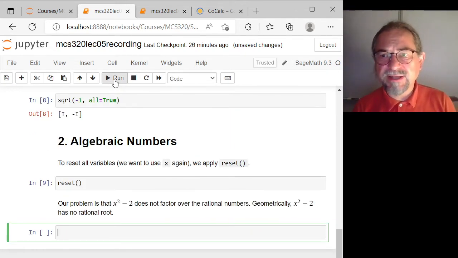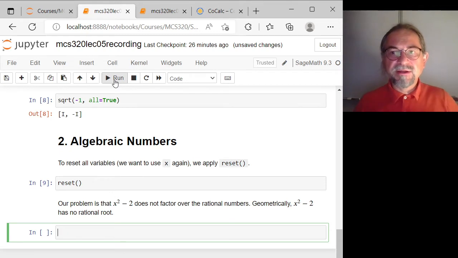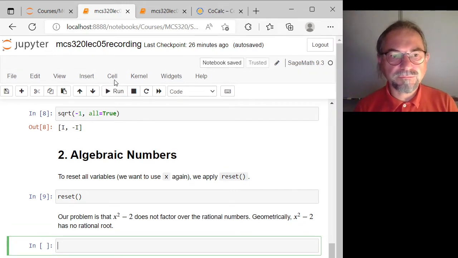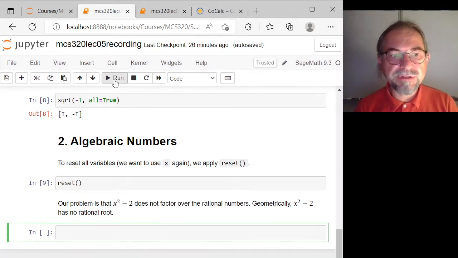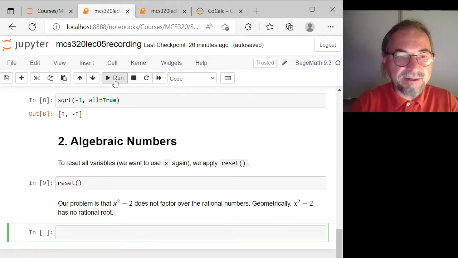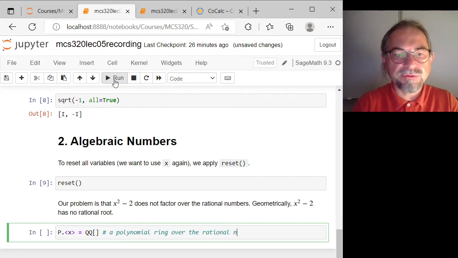There's nothing much that can be done about this, but we can extend our rational numbers with the square root of 2. So how are we going to do this? Well, I will define again a polynomial ring because I want to talk about x squared minus 2. And now I'm using QQ. So P is a polynomial ring over the rational numbers.